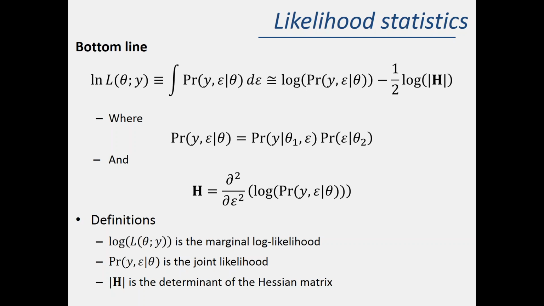And the determinant is the product of those eigenvalues, which means that the determinant here is 0, which means this is negative infinity, which means that the Laplace approximation says it's never going to happen. It's infinite. It just breaks your computer. So that's one place where rank comes in.